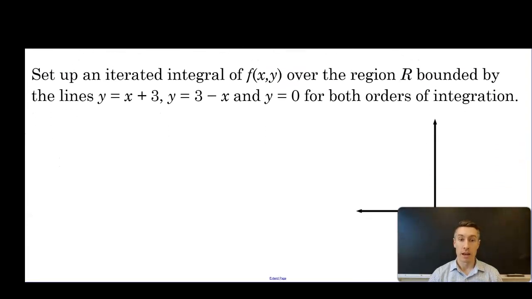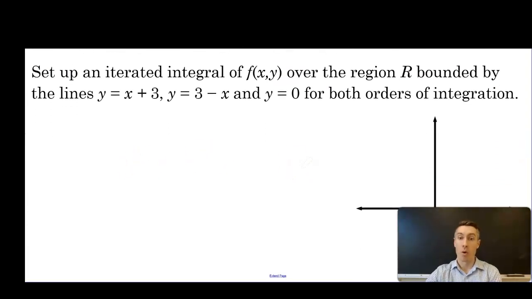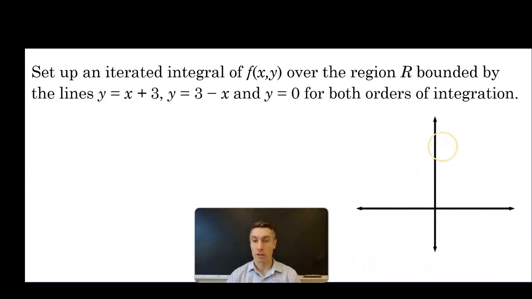So set up an iterated integral of the function f of x y over the region R, bounded by the lines y equals x plus 3, y equals 3 minus x, and y equals 0, for both orders of integration. First, let's do a little drawing of our region.